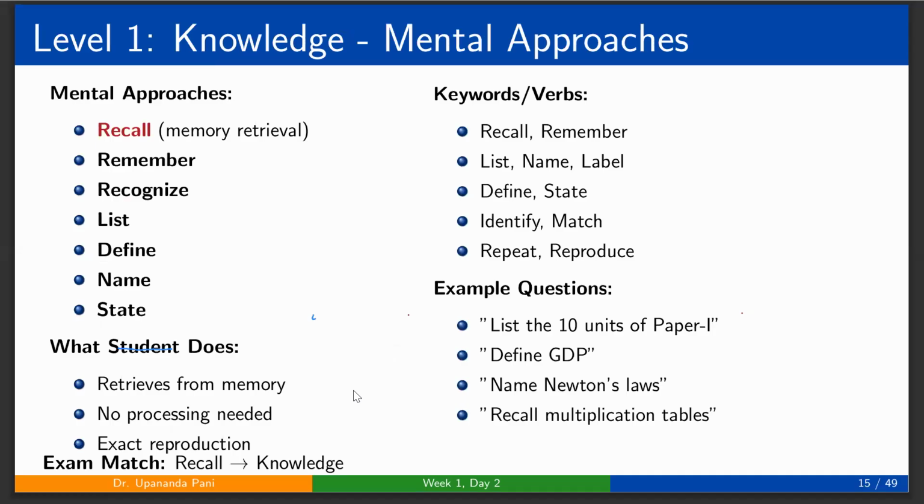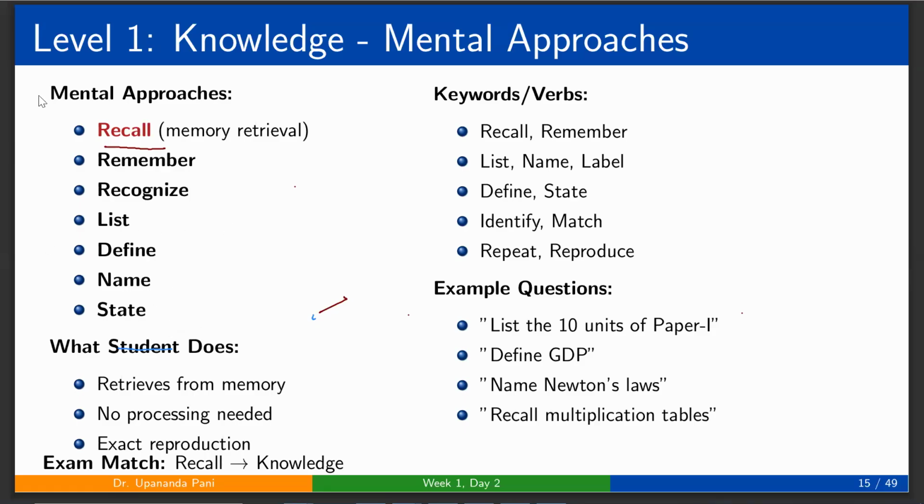Now let's say level one. Level one, as I already told you, refers to knowledge. What are the keywords over here? The keyword is recall. Usually it is the very initial level of learning. Then remember, recognize, list, define, name, state.